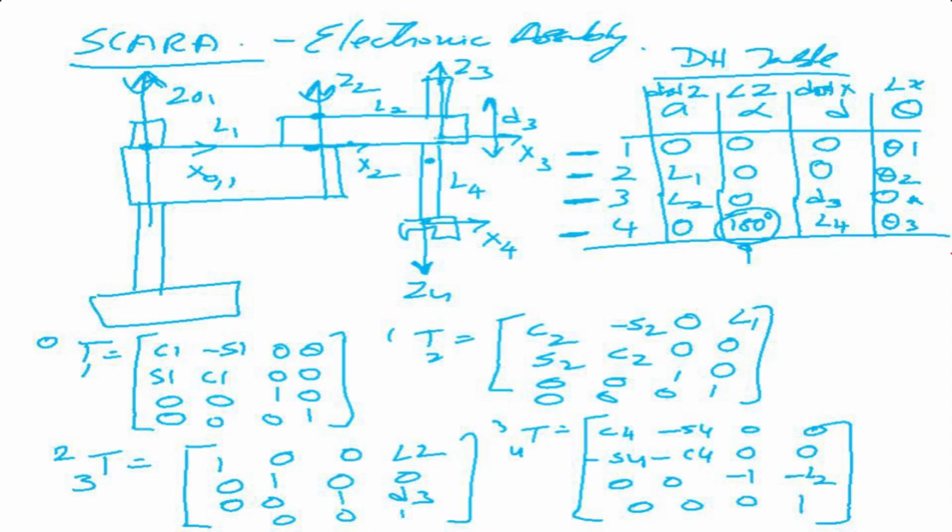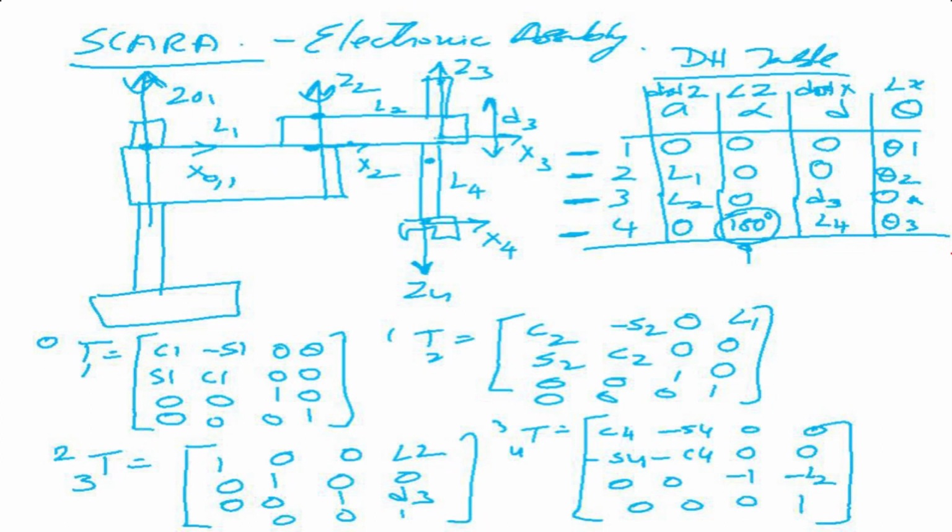What the program would do is take the first row, put it in the generalized matrix and get this. Then it will take the second row, put it in the generalized matrix, and get T1 to 2, which is equal to cos theta 2, minus sin theta 2, 0, L1 cos theta 2, and so on, with the last row 0 0 0 1. This is what we have got, the second one.